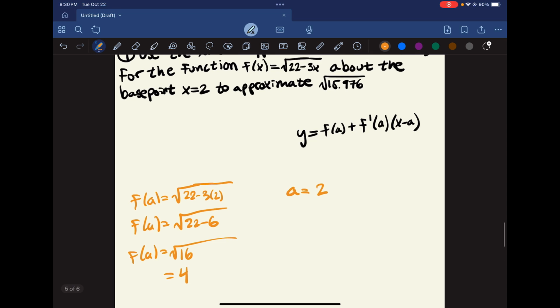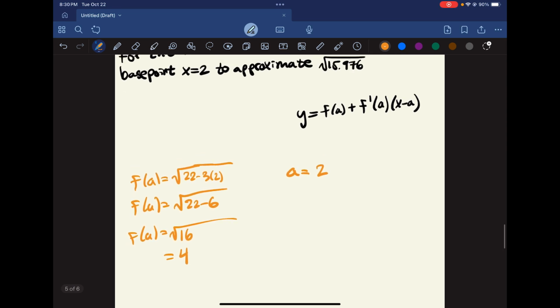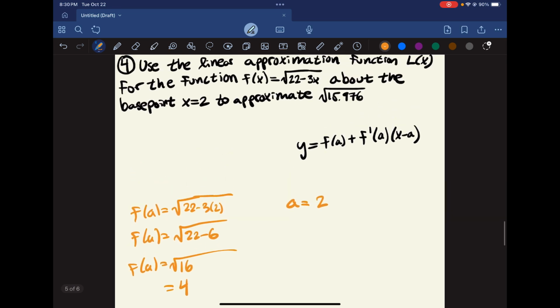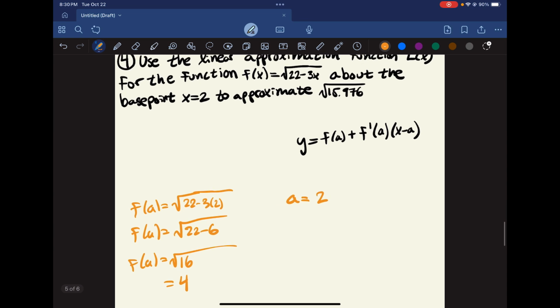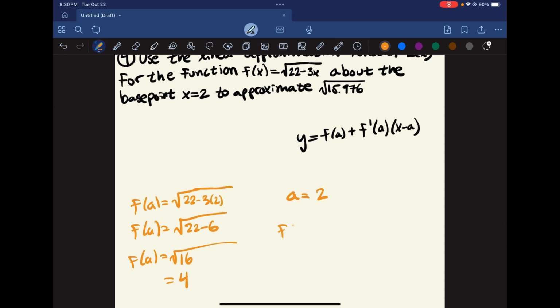So if we are going to our formula now, our f of x is this. So our f prime of x is just the derivative of that. That's a chain rule problem, right? So here, I can first rewrite it as 22 minus 3x to the 1/2 power.